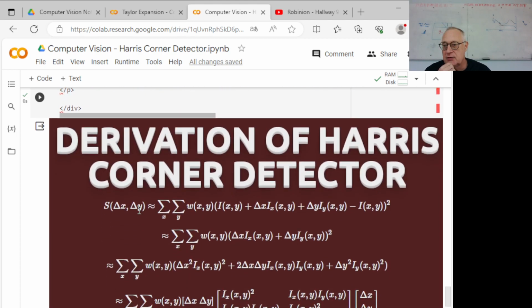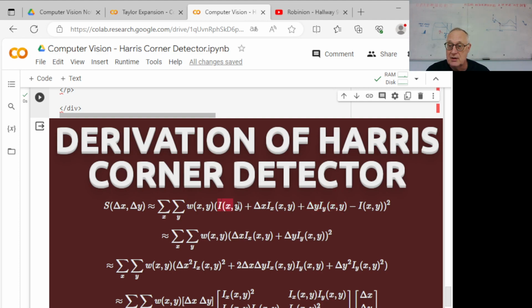And then going back to our definition of the feature for our sum, for delta x and delta y, we can plug that in, right? So that would be I(x, y) plus the first order term in delta x, plus the one in delta y, in order to estimate what the value is at I(x plus delta x, y plus delta y).